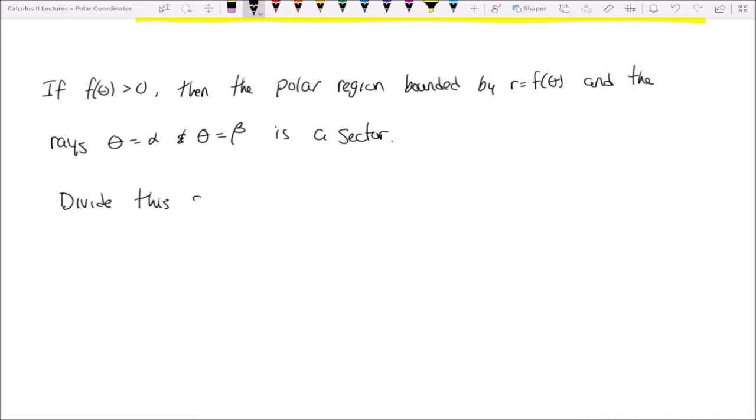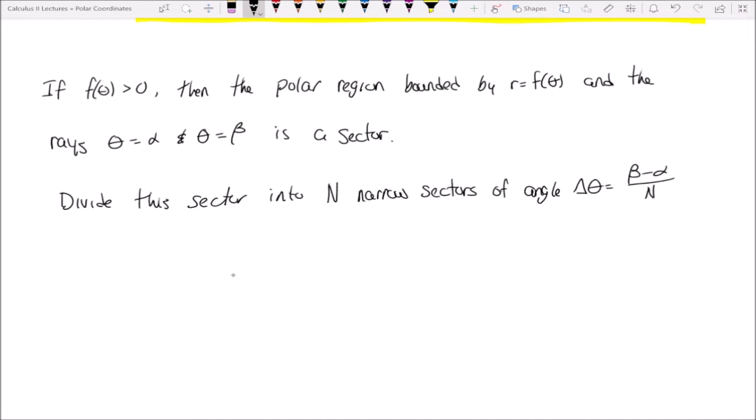Divide this sector into n narrow sectors of equal angle, delta theta equals beta minus alpha all over n, where we're assuming that alpha is less than beta.